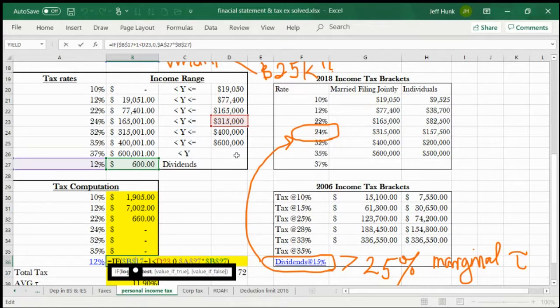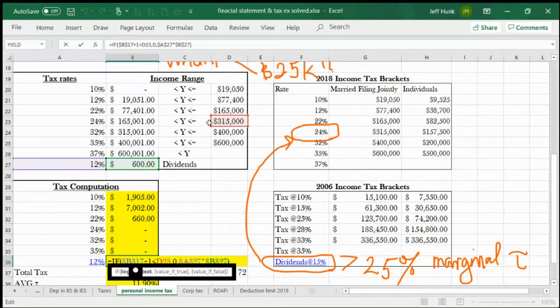Because, as I said, previously it was 25%. If you're above the 25% marginal rate, you pay 15% on that. But now there's no 25%, so I'm assuming what replaced the 25% bracket would be 24%, and the upper bound for that is this.